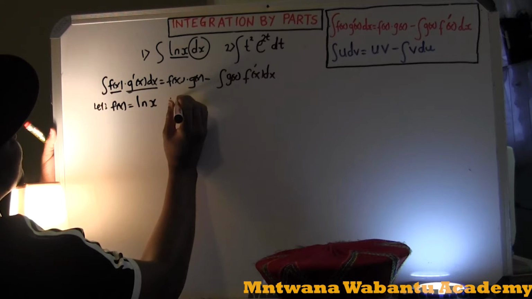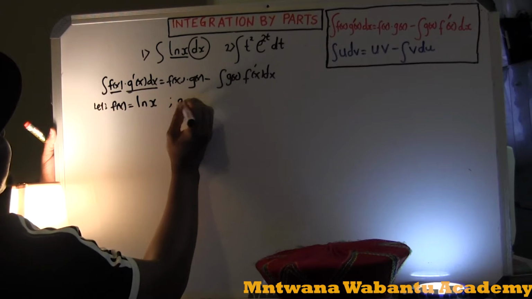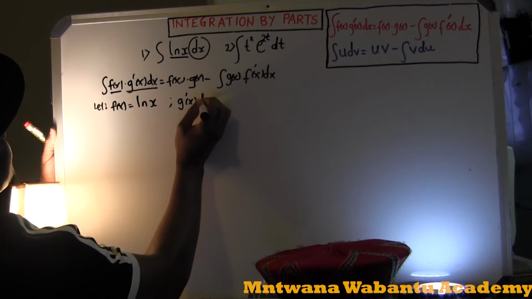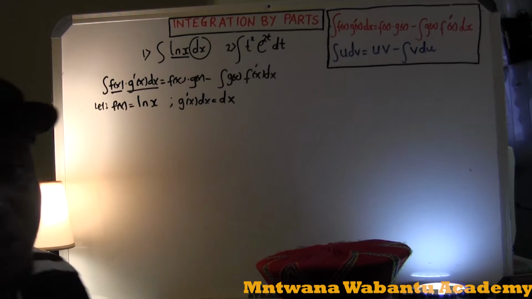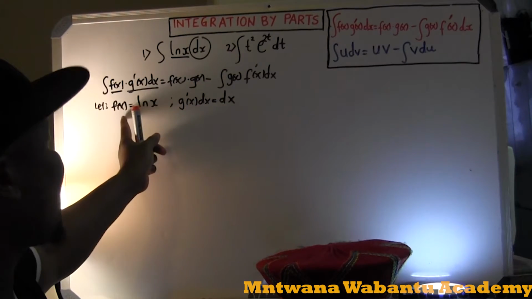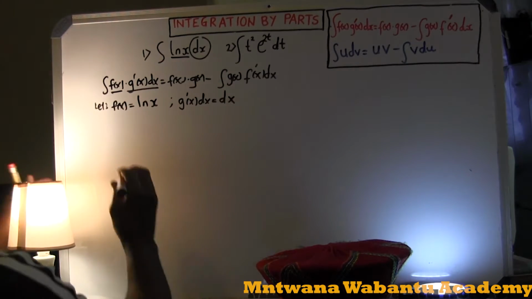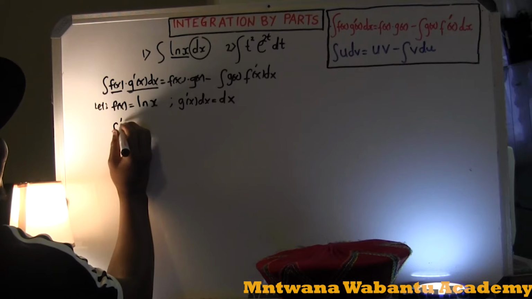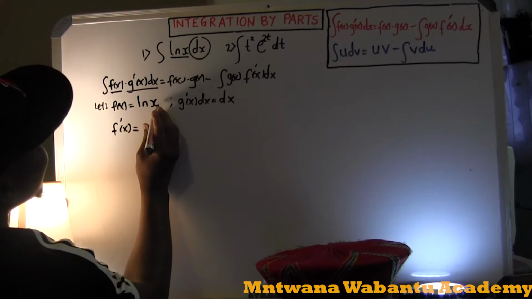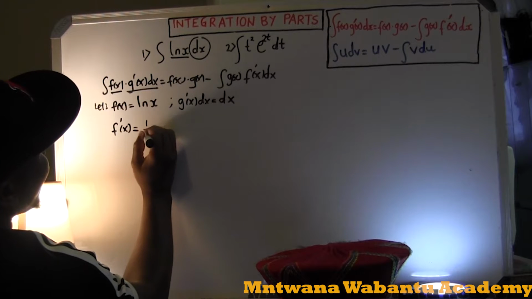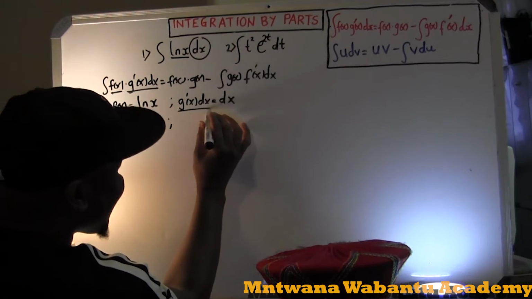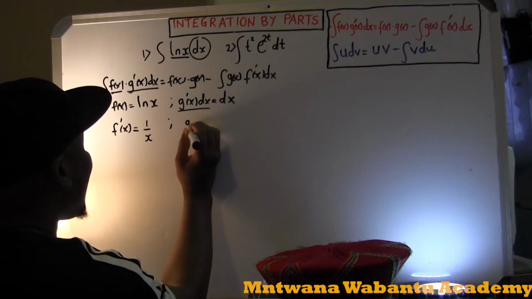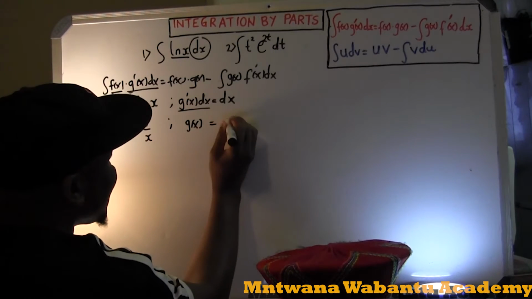What is the rest? g prime dx equals dx. So the first one we differentiate, the second one we integrate. When you differentiate ln of x, this gives us f prime, which is 1 over x. And when you integrate this, it gives you g of x, and this is going to be x.